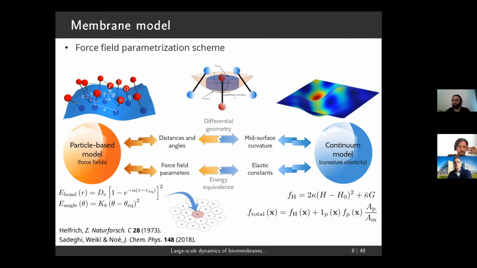We have the freedom to choose other functions for the force field. This is something that I've been comfortable with using. It gives good results. Also, it is a breakable potential, so we can also model membrane rupture with this. But if you're not interested in that large deformation, you can work with harmonics. Okay, thanks.